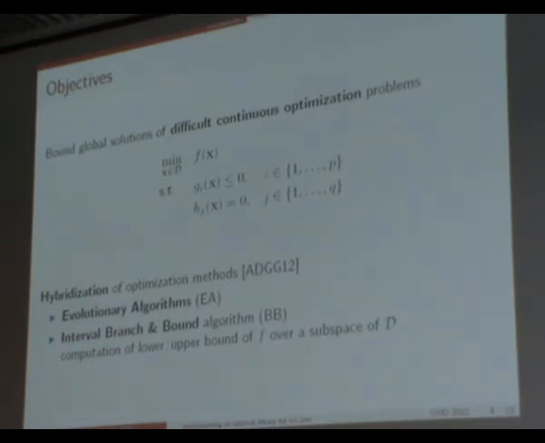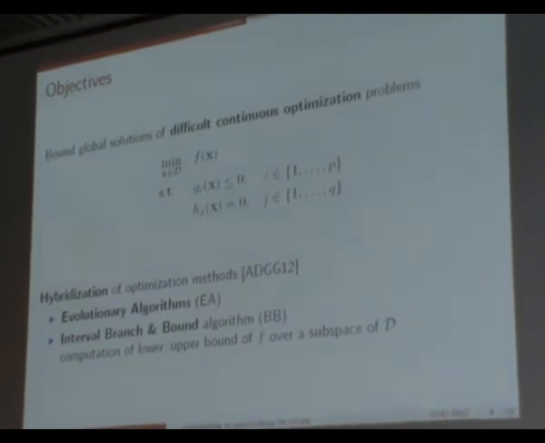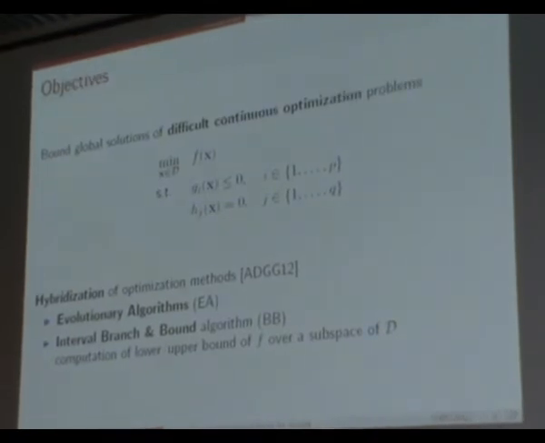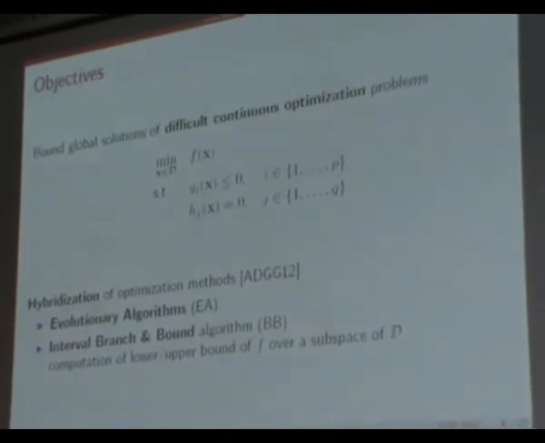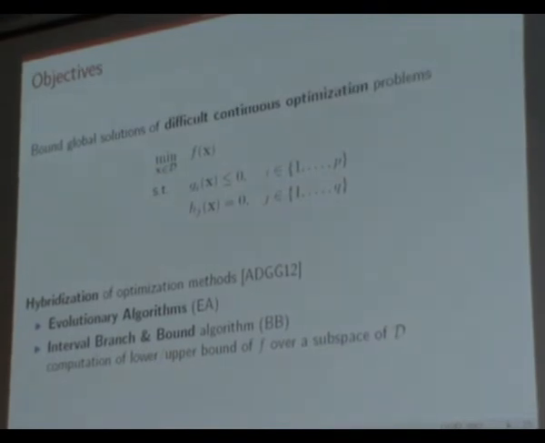At the laboratory, our fields of interest include global optimization. So given a particular problem where one aims at minimizing an objective function with possibly constraints, the aim is to find global solutions and compute guaranteed bounds on these solutions.